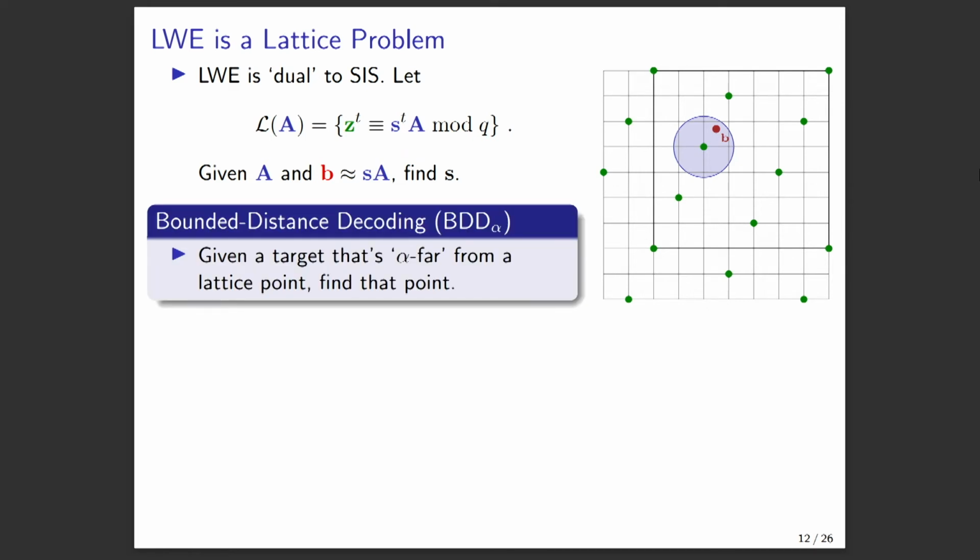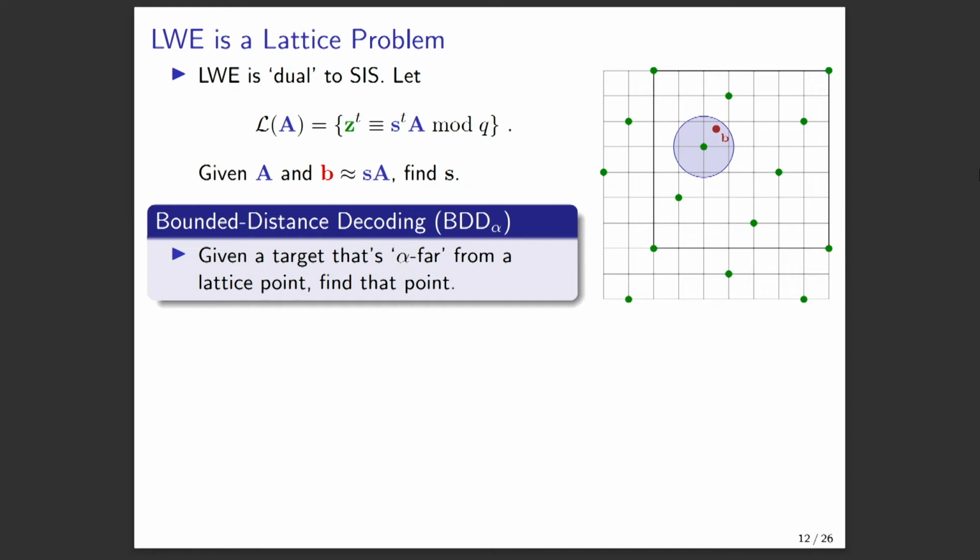Okay, so this LWE problem also goes by another name called bounded distance decoding. And the nature of the bounded distance decoding problem is that you're given some target point that's guaranteed to be not too far from some lattice point. Right?